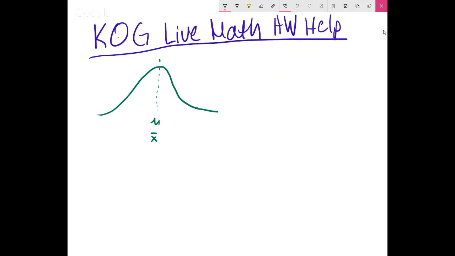So let's say we're talking about test scores in the class. So mu, which is this number, it's a Greek letter, which represents a number that we don't know. So this is called mu. And then this under it is called x bar. They represent the same thing depending on what kind of sample you have.